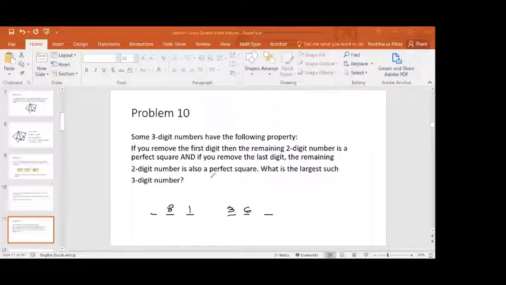So starting with 3 is a one-digit number, 3 squared is 9, 4 squared is this lowest one, 5 squared, 6 squared, 7 squared, 8 squared, 9 squared. 10 squared goes into a three-digit number. These are the first two digits, right?